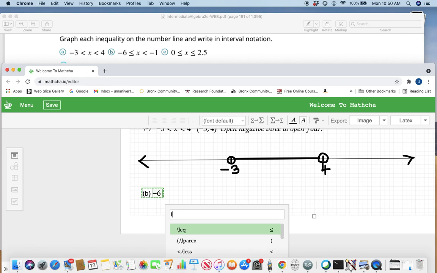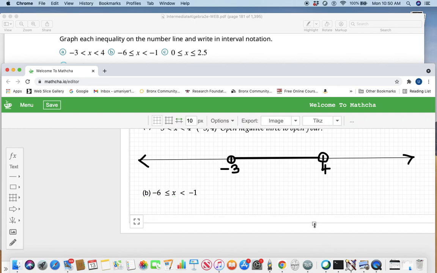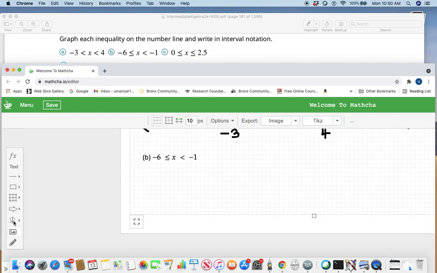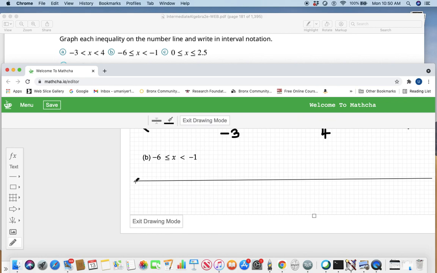Negative 6 less than or equal to x less than negative 1. Okay. So start with a number line. Arrows. Negative 6 is to the left of negative 1.